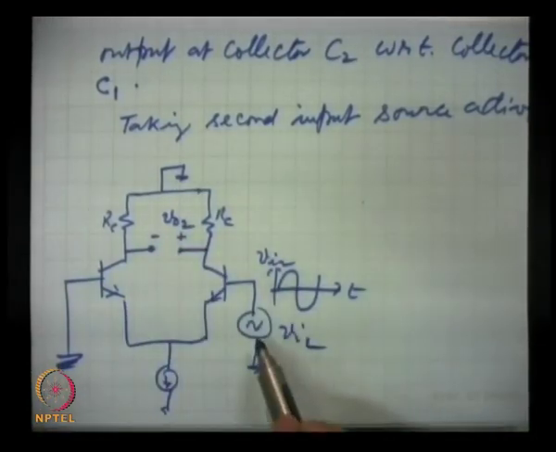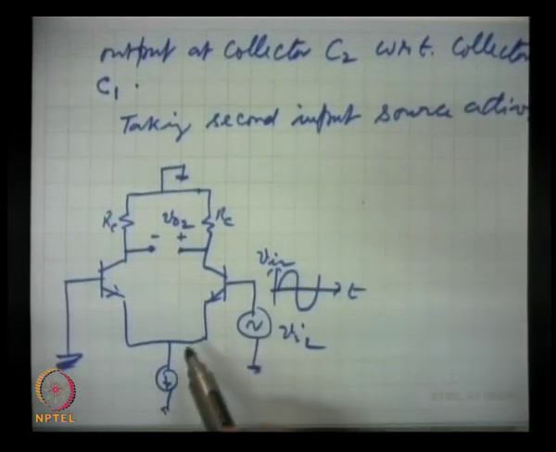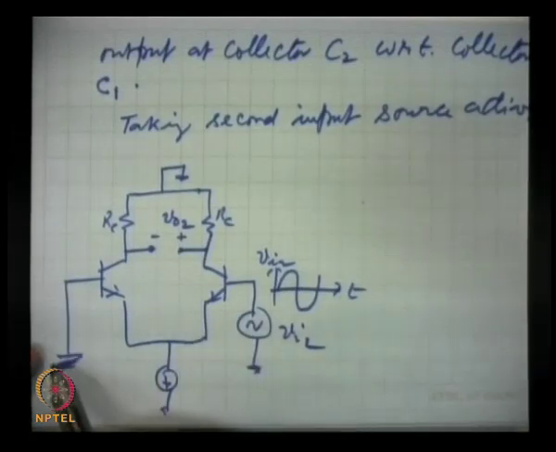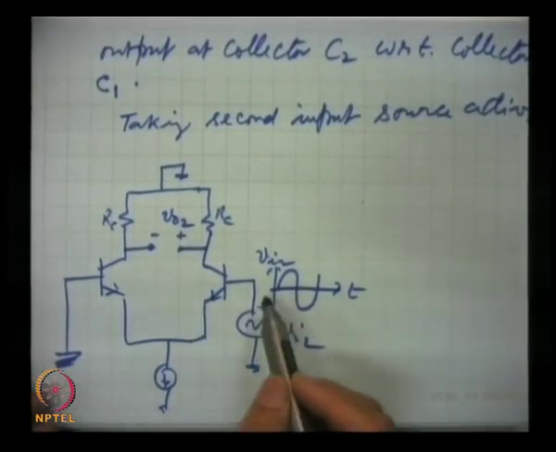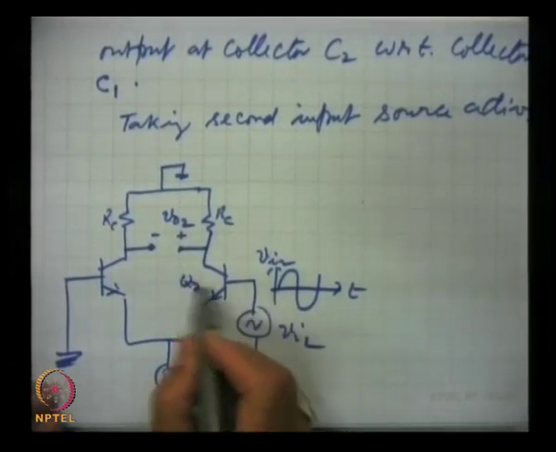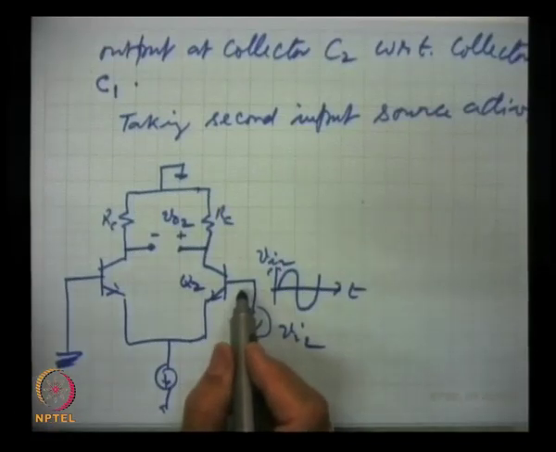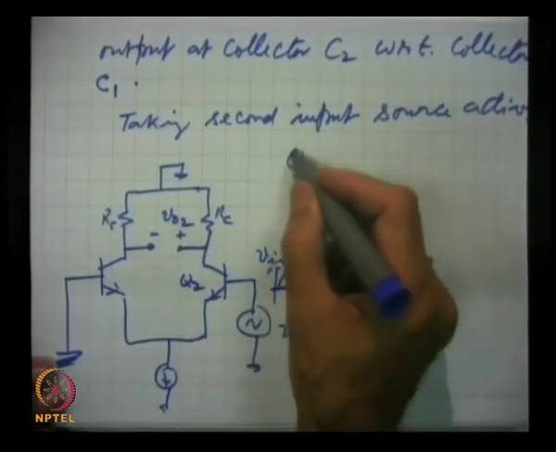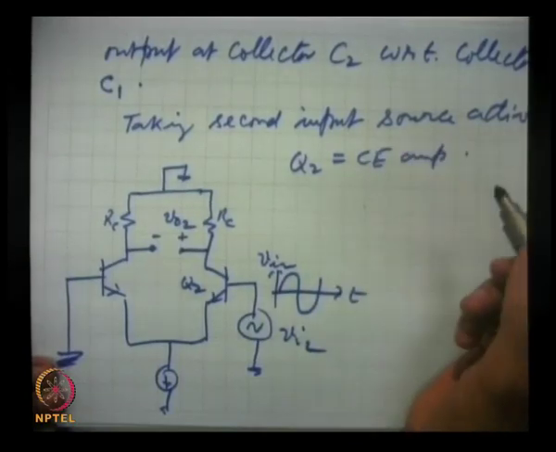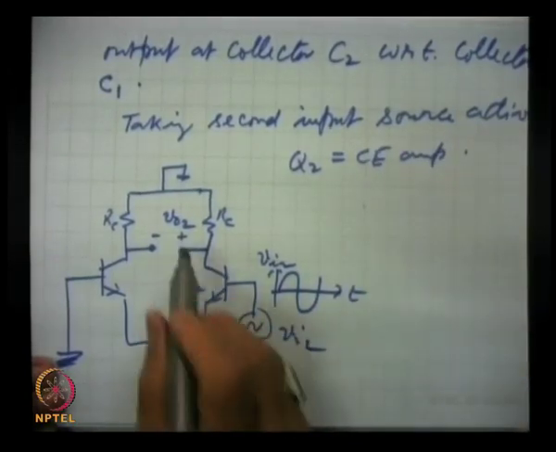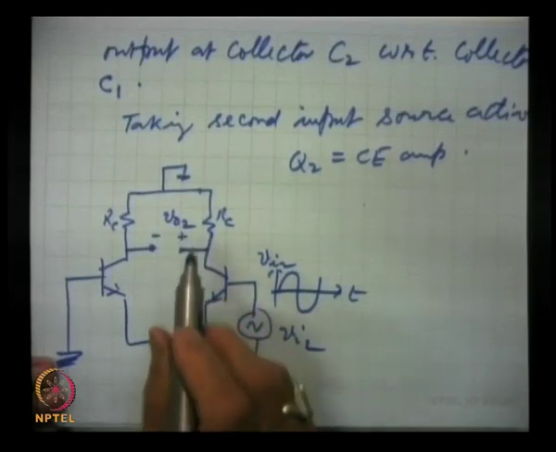When this input is active and this is grounded, now the roles will reverse. We are feeding the signal at Q2 at the base, taking it at the collector. So Q2 will be a CE amplifier and an inverted output will appear here.